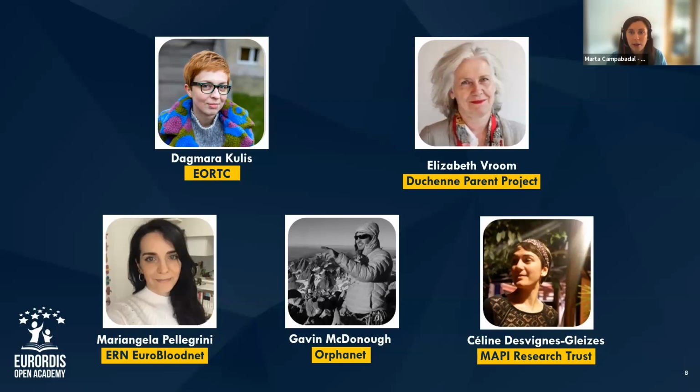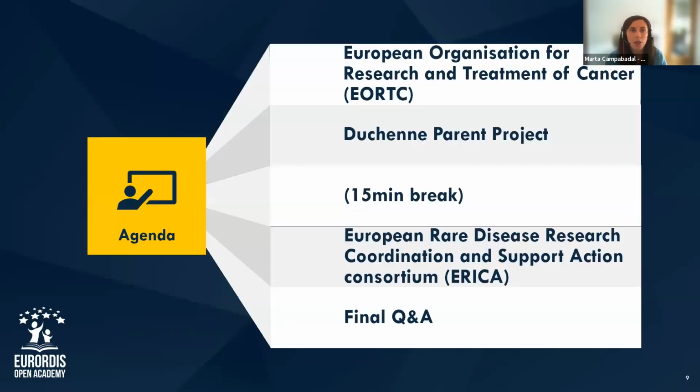Gavin McDonough, project manager at Orphanet, and Celine Desvigne-Glezes, outcomes researcher at Mapi Research Trust. So today's agenda consists of a 20-minute presentation followed by 10 minutes of questions and answers after each presentation. And in the middle, we'll do a quick 10 to 15 minute break. And after the last presentation, we'll do a final Q&A and a group discussion.